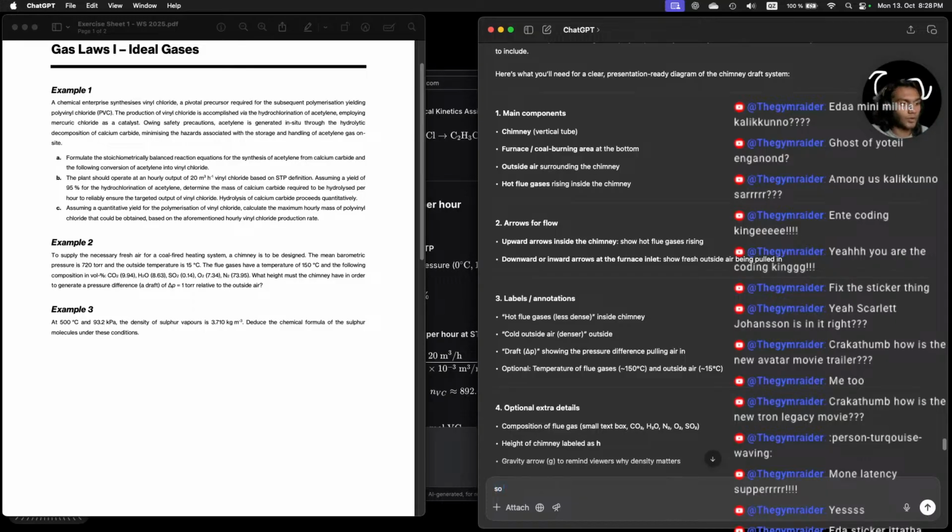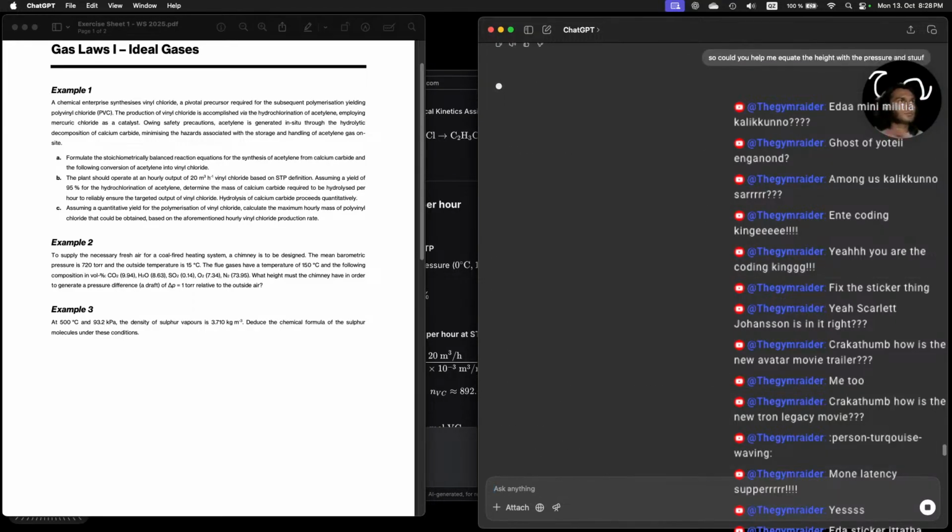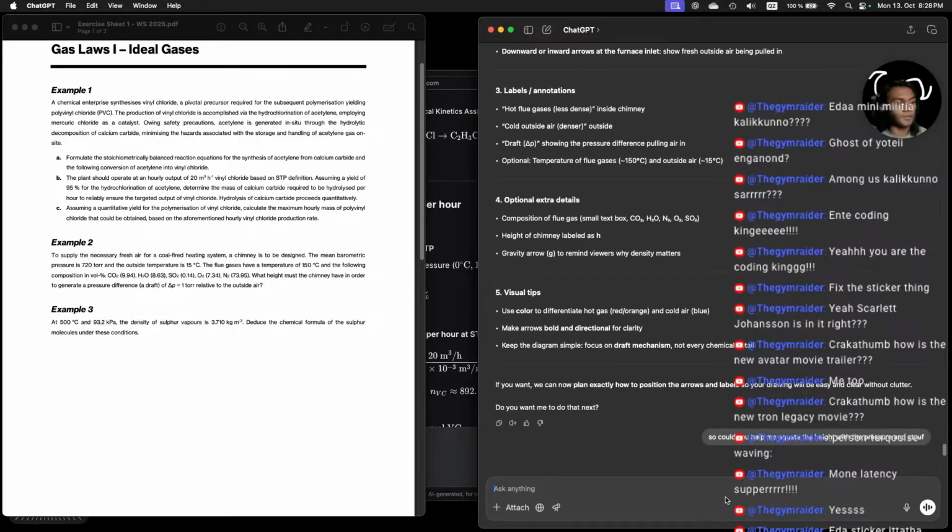So, could you help me equate the height in the figure? Could you show the height and pressure?